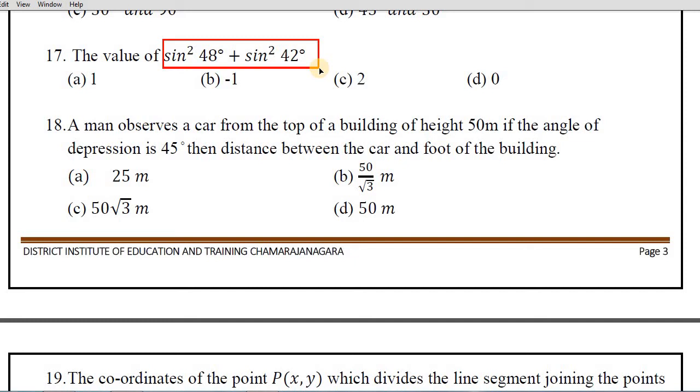So you want to use the complementary angle concept. You convert any one term into cos square. Either sin square 48 degree you can convert, or sin square 42 degree you can convert. But here I am converting the second term, sin square 42 degree. So what is the complementary angle of 42 degree?